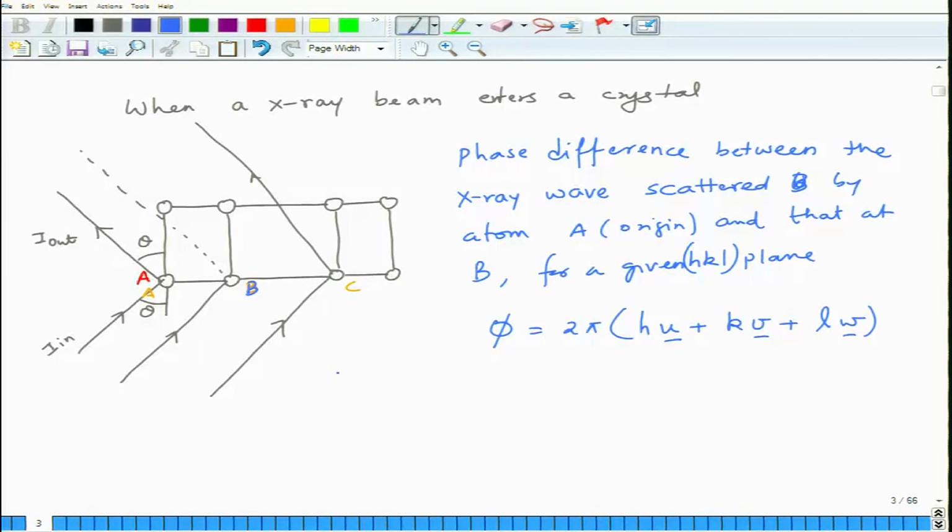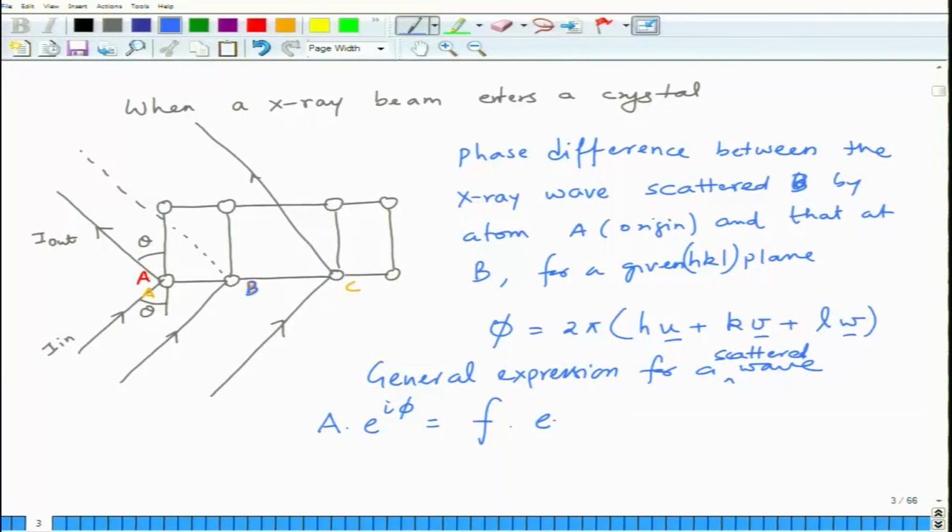If you want to write a general expression for a scattered wave, you can write this as A into exponential I phi, which is related to a factor F exponential of 2 pi I (HU plus KV plus LW).